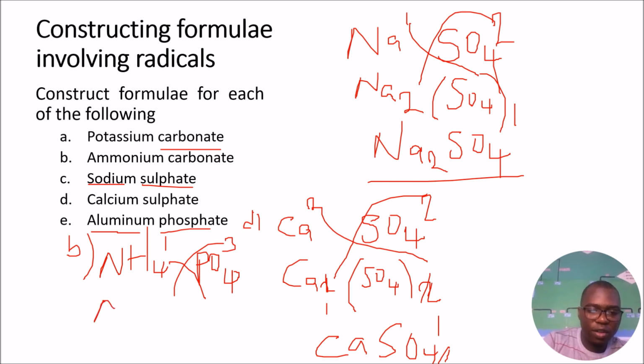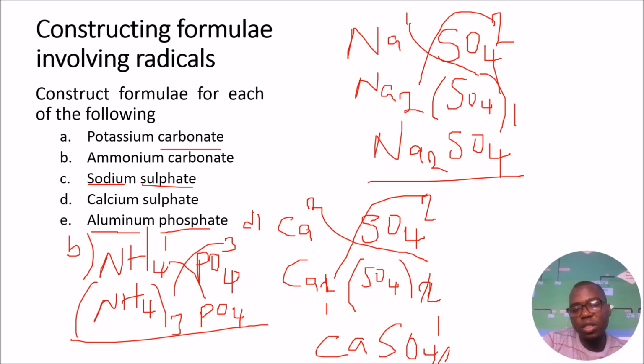We're going to have NH4, okay, NH4. And then we have the valence of 3 coming here. Then PO4, we leave it like this because the one that is coming is 1. So even if we protected it, we would have deprotected anyway because it is 1. So that is how this one is supposed to be solved.